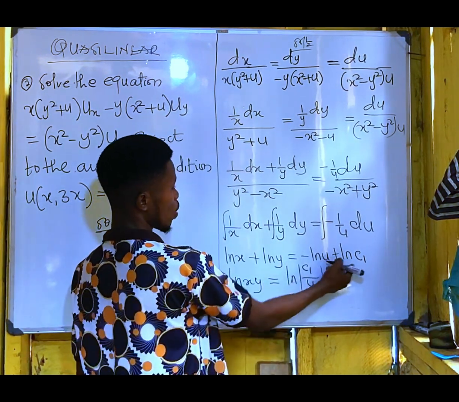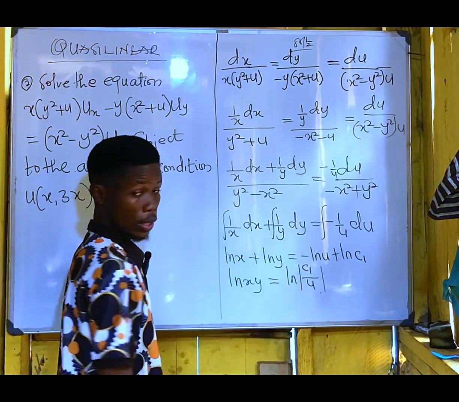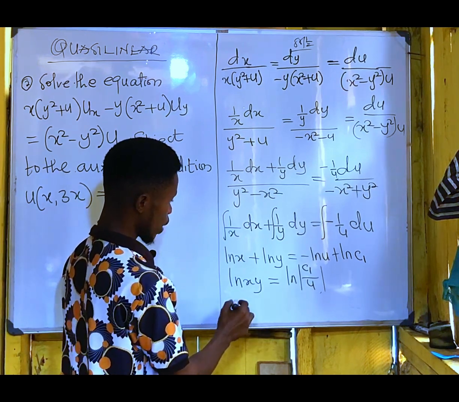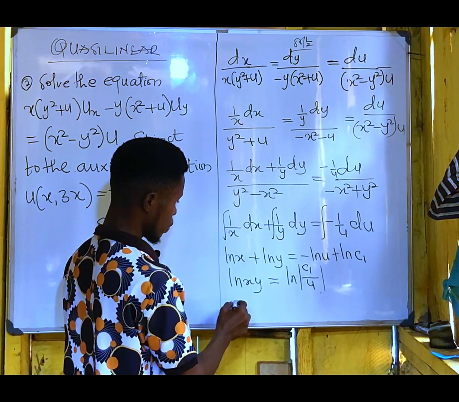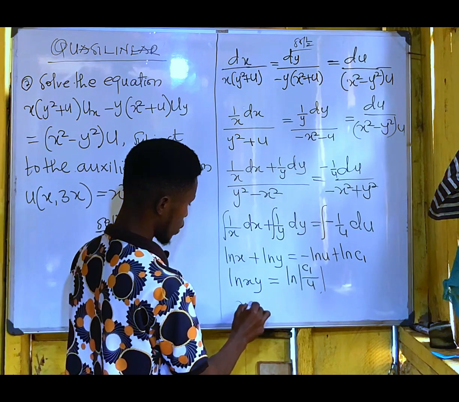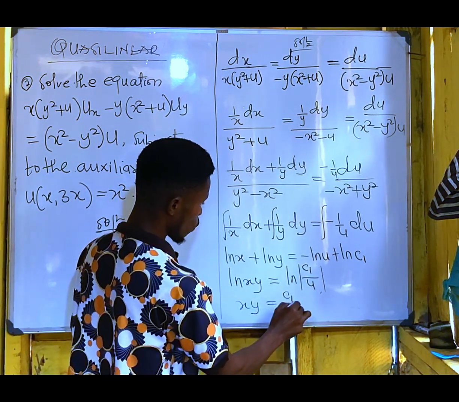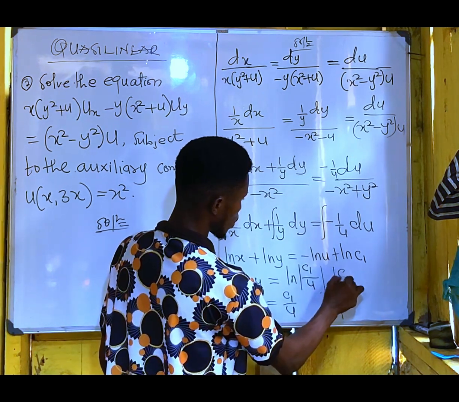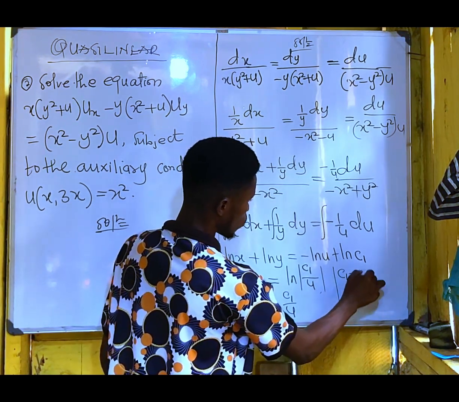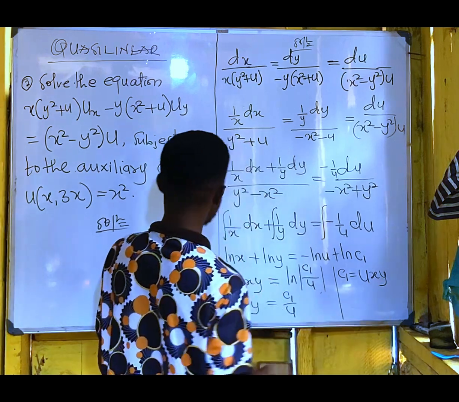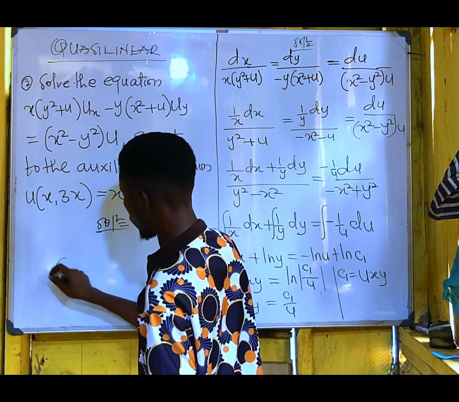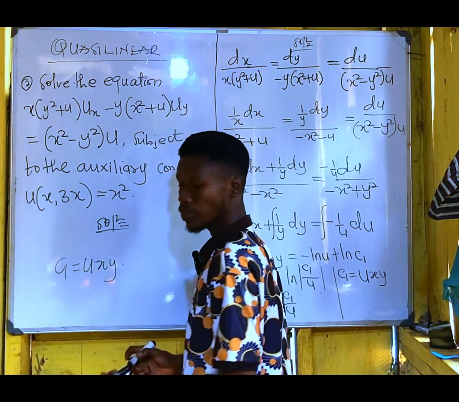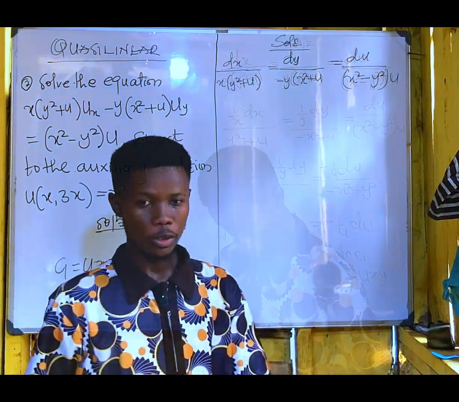This is negative, so when you are adding it will be like this. Is that okay? So when you apply the e on both sides, you are going to have xy equals c1 over u, which is the same as c1 equals uxy. So I have my first c1 equals uxy. Is that okay? Okay, now let's look at how to get our c2.